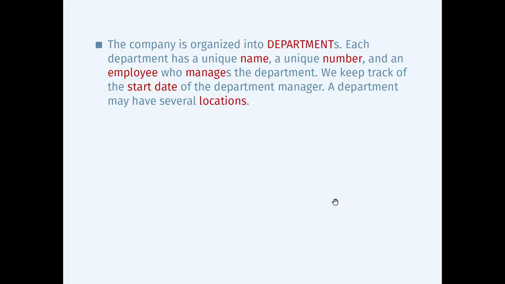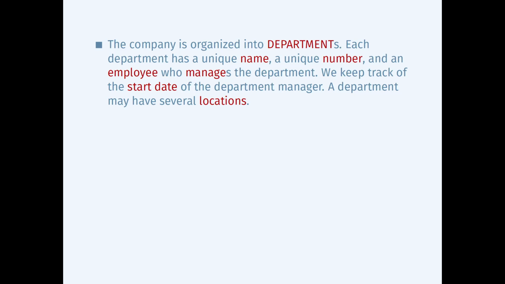Right. So starting from the first one, it says a company is organized into departments. And then it describes the department. It says, okay, each department you have unique name, unique number, an employee who will be managing the department. And it also further describes its requirement.